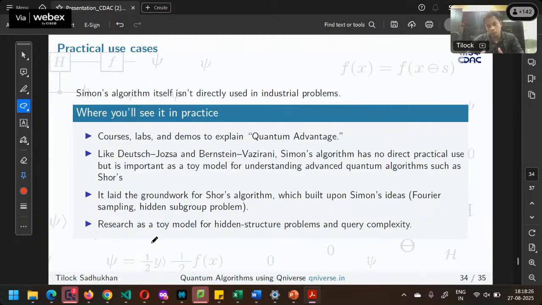It helps us to build the foundation. Even though it does not have any direct problem solving capability, it helps us to understand things and make our groundwork better.